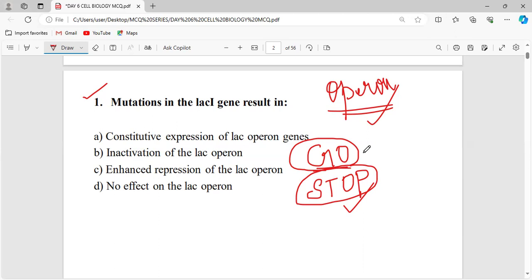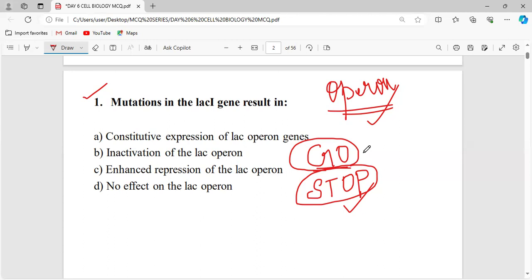You should also know the types of regulatory genes in the operon concept. There are three types: constitutive genes, inducible genes, and repressible genes. Constitutive genes are continuously expressed genes. They will not stop. For example, in our body, certain metabolic genes and ribosomes are continuously produced.